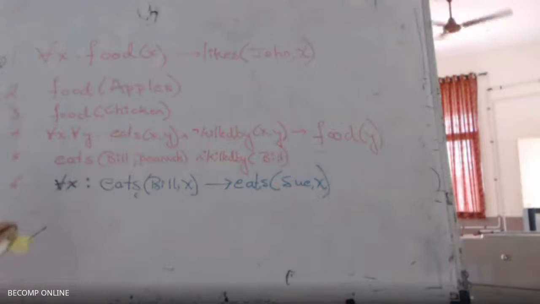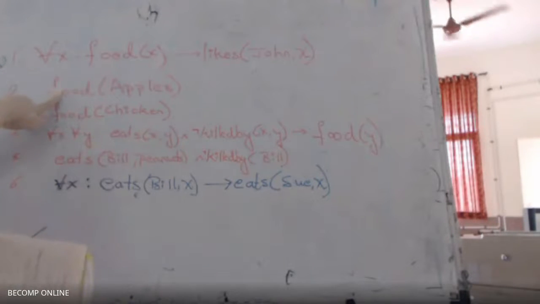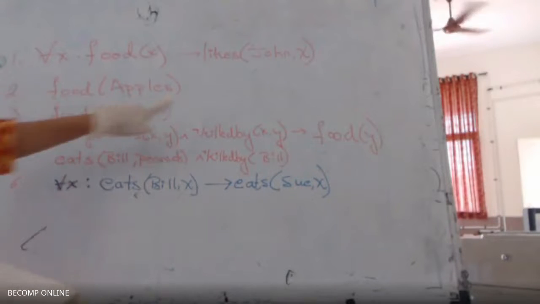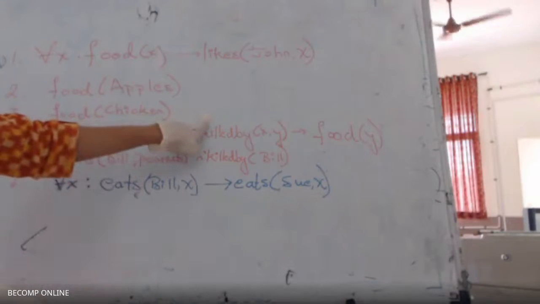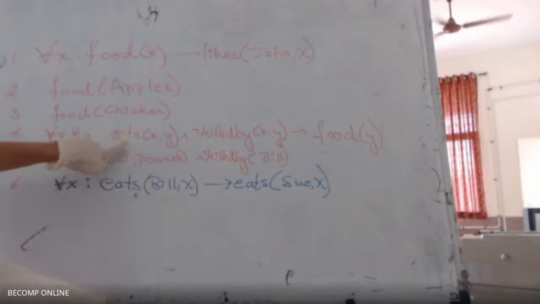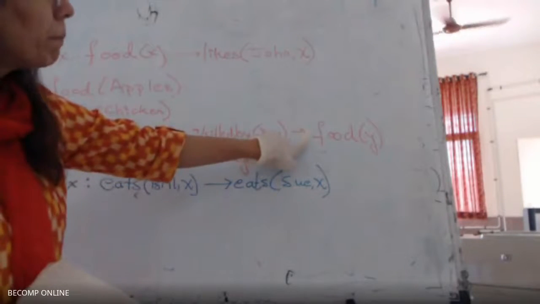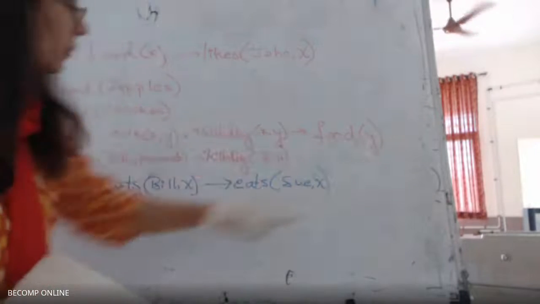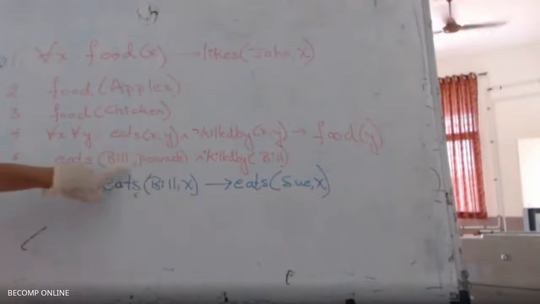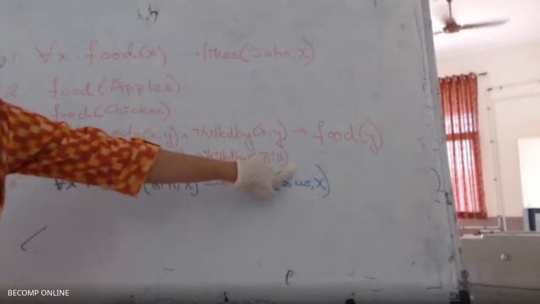All 6 facts are visible. Yes, ma'am. For all x, food x implies likes John, x. Food apples is the second fact. Third is food chicken. Fourth, for all x, for all y, eats x, y and not killed by x, y implies food y. Fifth fact, eats Bill, peanuts and not killed by Bill.